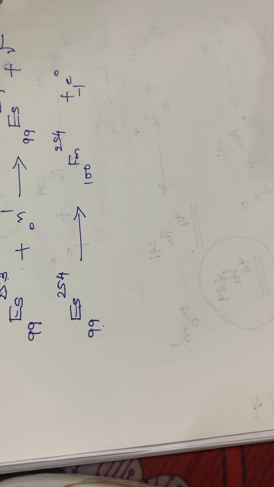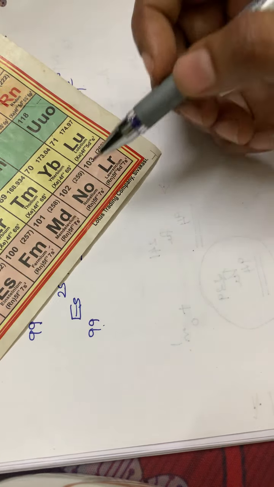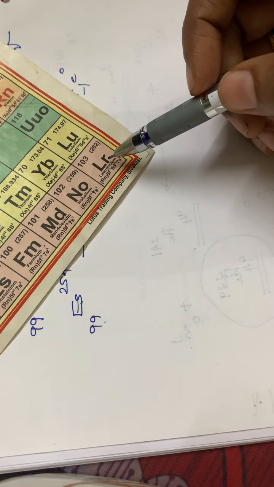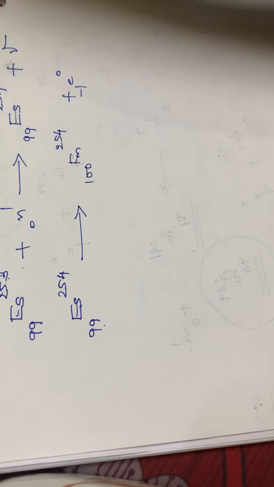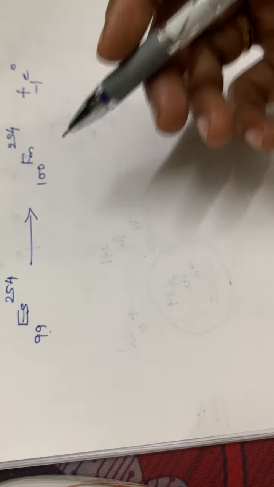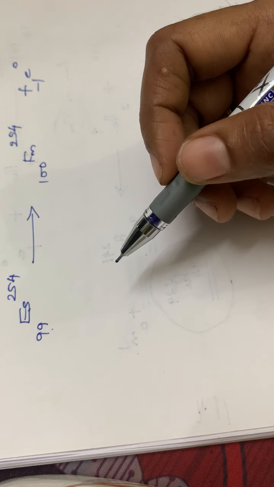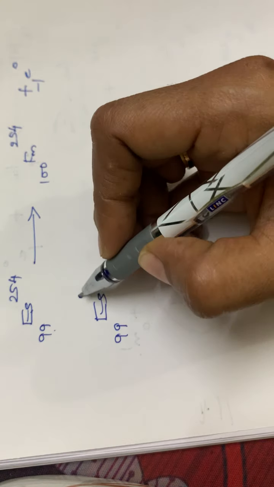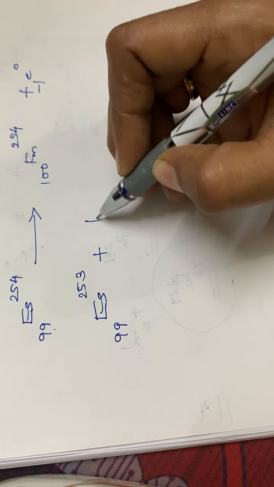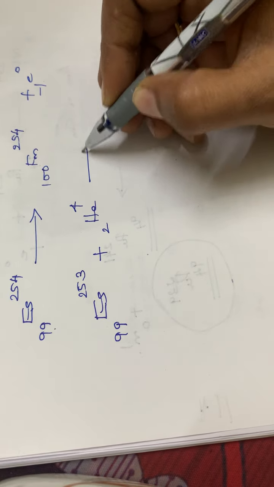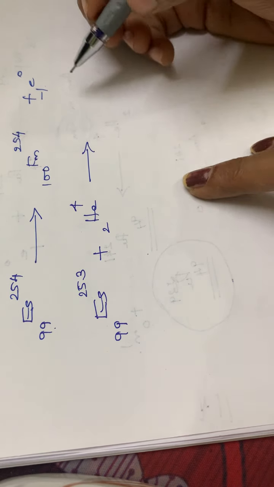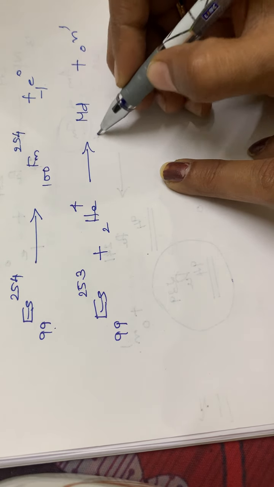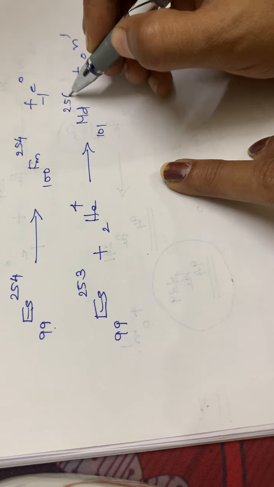Then the next element is mendelevium. The remaining three transuranic elements are mendelevium, nobelium and lawrencium. The 101 element, mendelevium, can be obtained from einsteinium. Einsteinium 253, 99 is bombarded with an alpha particle, helium 4, 2, to form mendelevium with atomic number 101 and mass number 256, plus a neutron.